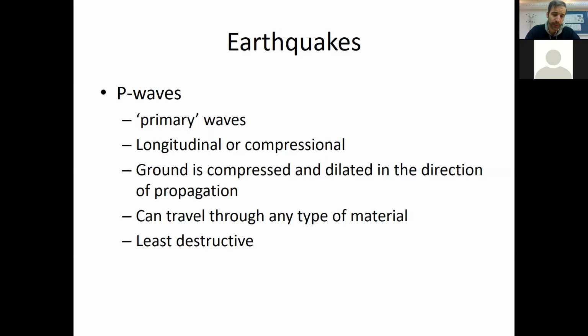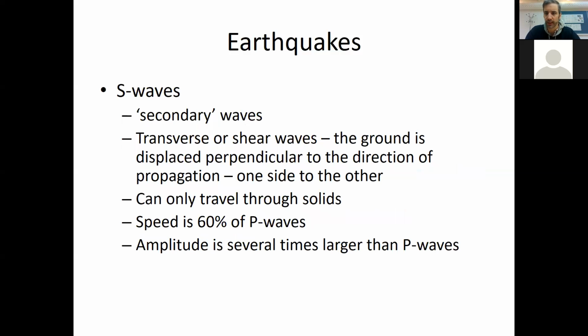And after the P waves, normally a few seconds after, the S waves arrive, the secondary waves. And they are transverse or shear waves. So imagine we have a beam here. If I pull this one up, because of the elasticity of the beam, it's going to want to go back down.